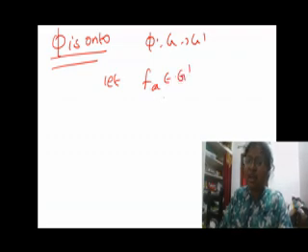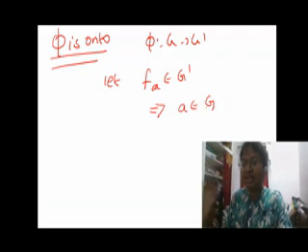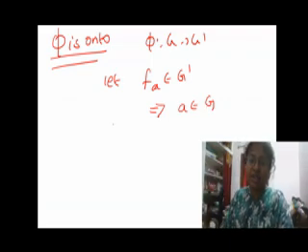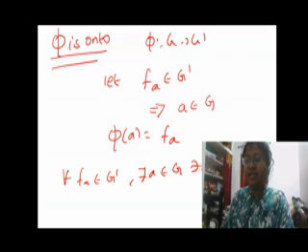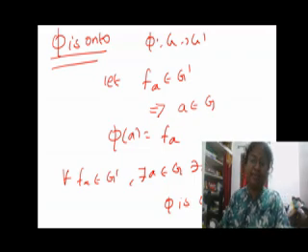According to the construction itself, FA belonging to G dash implies A is there in G. If we consider phi of A is equal to FA, which means that for every FA in G dash, there exists A in G such that phi of A is equal to FA. Therefore, phi is onto. Every element has a pre-image.